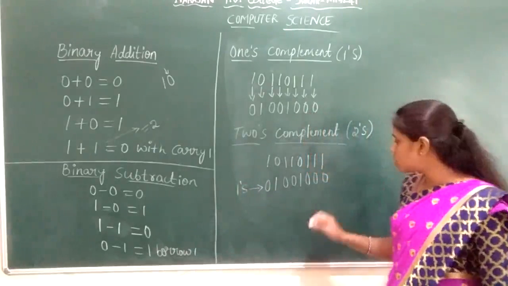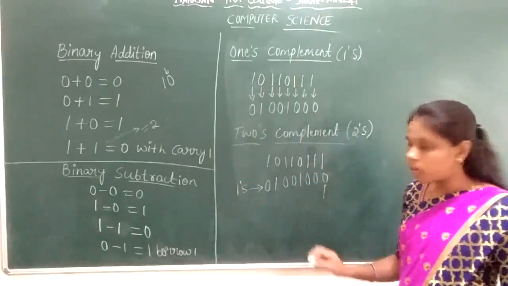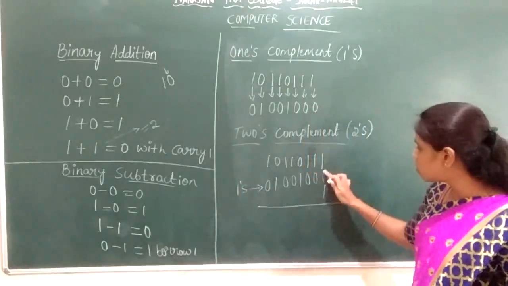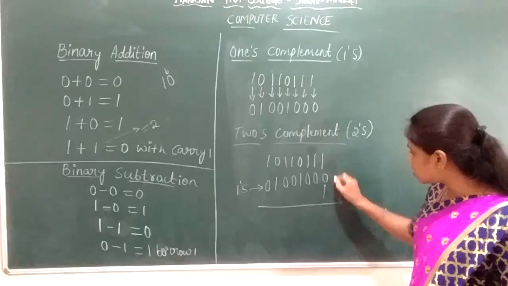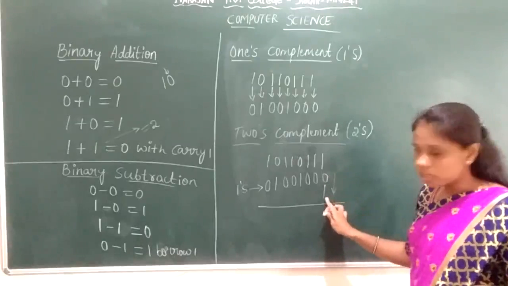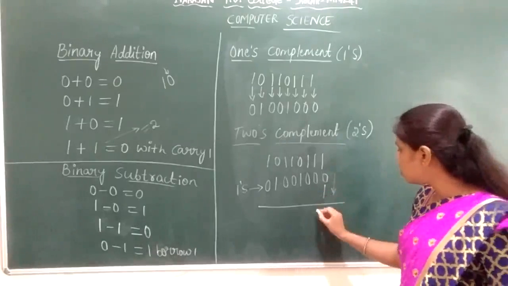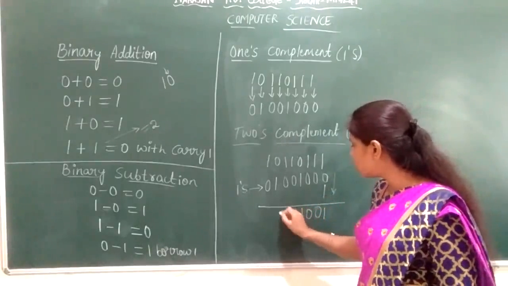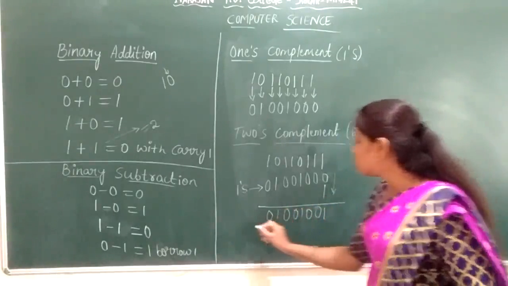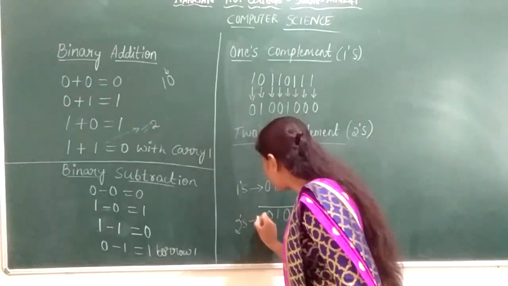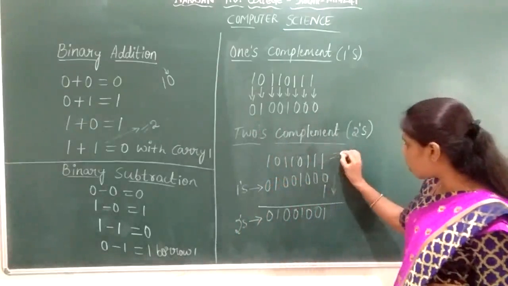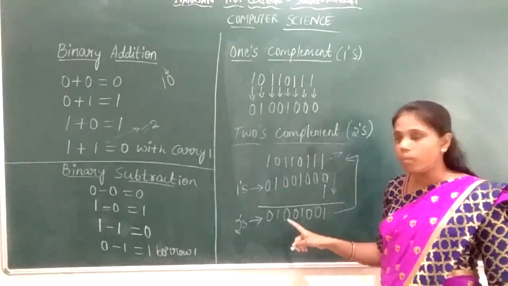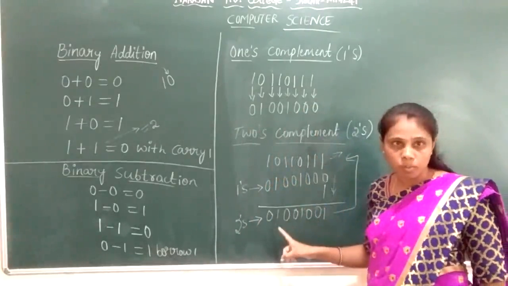After finding the 1's complement, you need to add 1 to this position. Now add these two values. 0 plus 1 is 1. Here we have 0, again 0, 1, 0, 0, 1, 0. Now this is the 2's complemented form for this value. This is how we perform 1's complement and 2's complement.